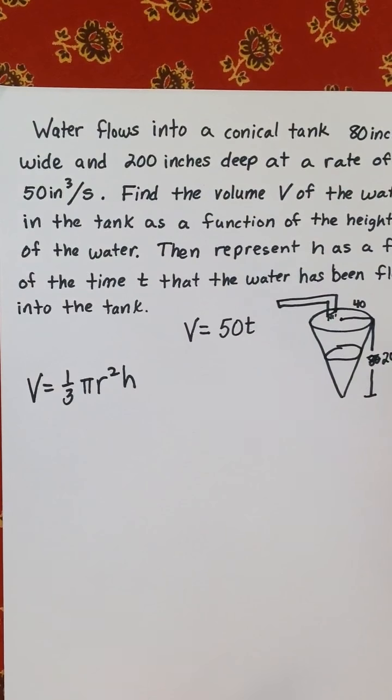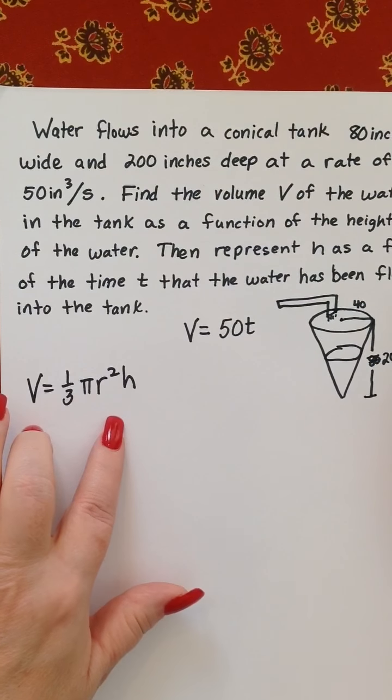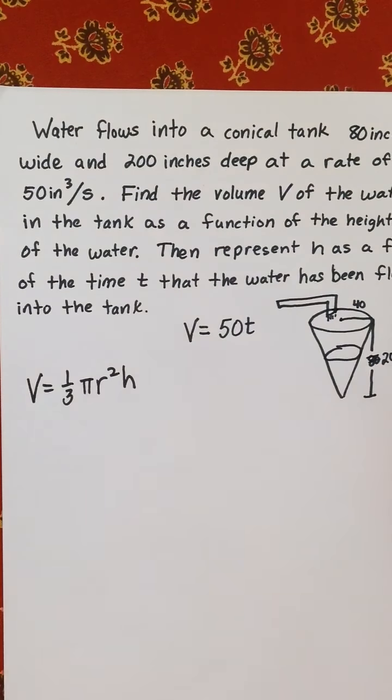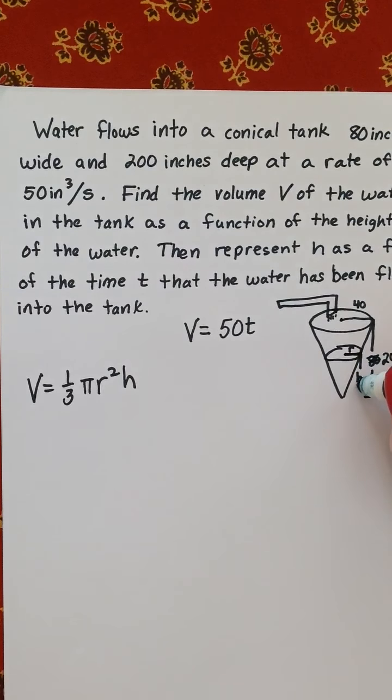All right, so first thing we're going to do, we're going to solve finding volume in terms of h. And we do that using similar triangles. You think about the water that's already in here, we'll call that r because we don't know, and we'll call the height of the water in the tank h, okay? So the capacity of the tank has a radius of 40 and a depth of 200 inches.